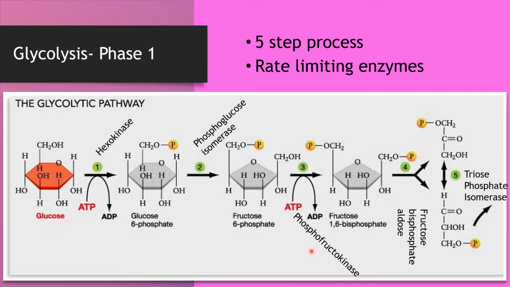It takes another ATP molecule for that enzyme to work and make that fructose 1,6-bisphosphate. Reverting to my bullet points up here, there are 5 processes, but the rate limiting enzymes are what I want you to remember right here.